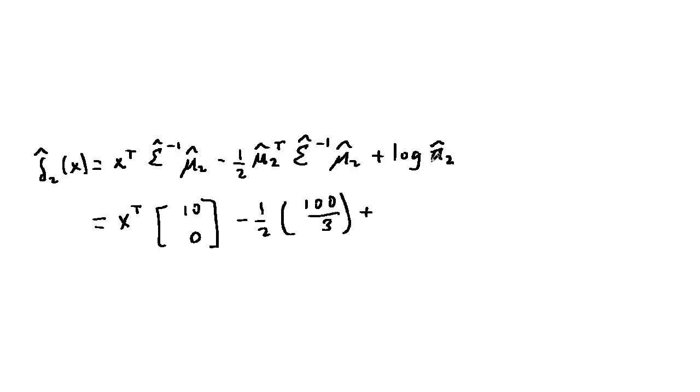And pi 2 hat was 1/2. So this becomes 10 x1. Reduce this. So this is delta 2 hat of x.